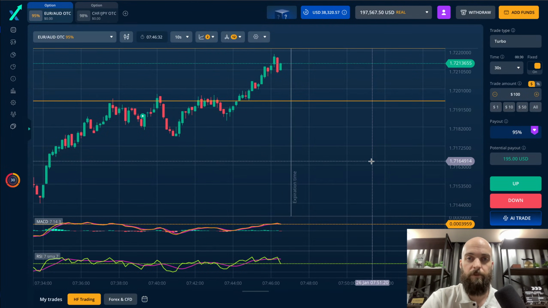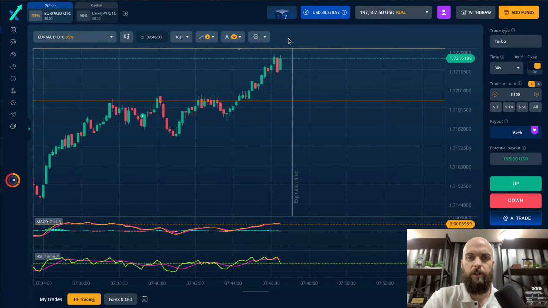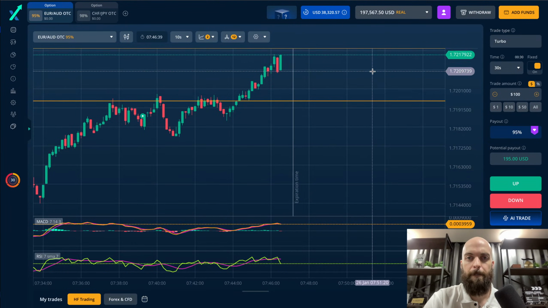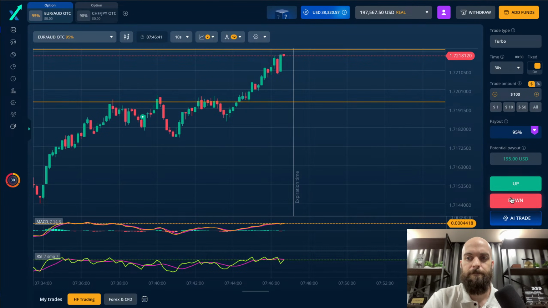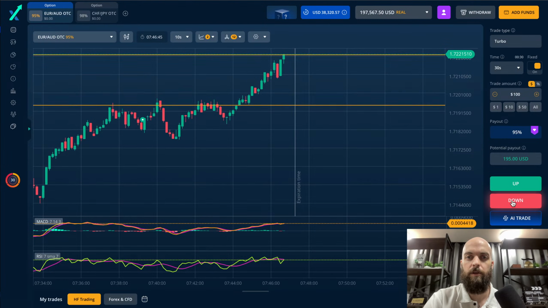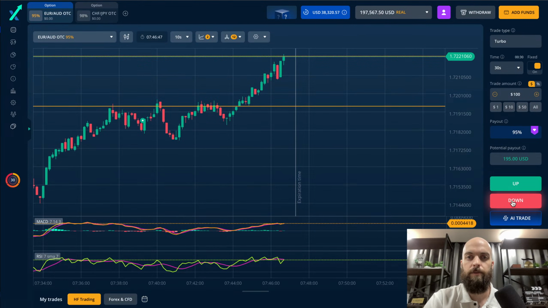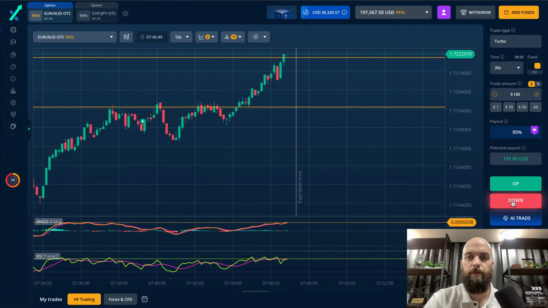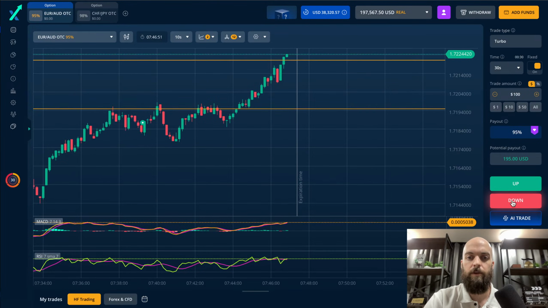Oh, well, it might have already happened. But let's give it another chance to stretch. It's almost, yeah, wants to stretch. Okay, it's probably sweeping liquidity. Momentum's moving up.